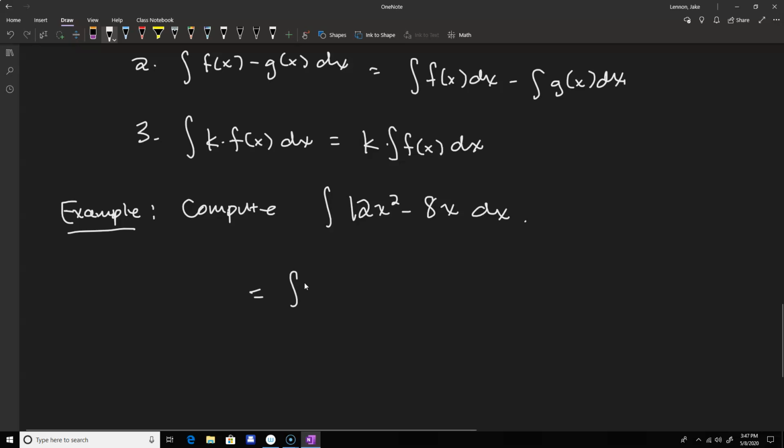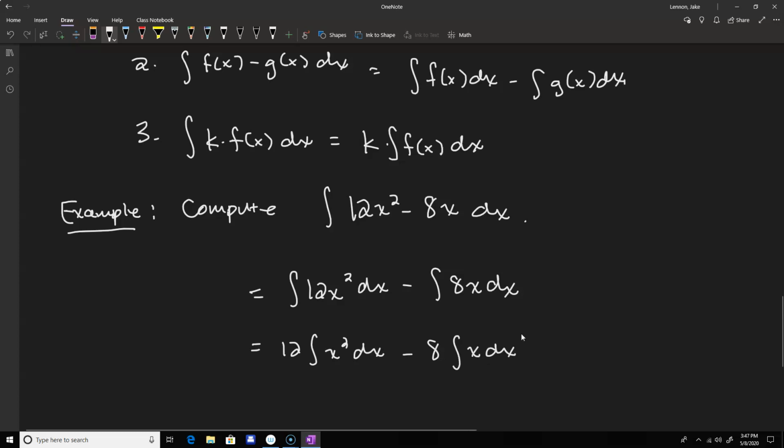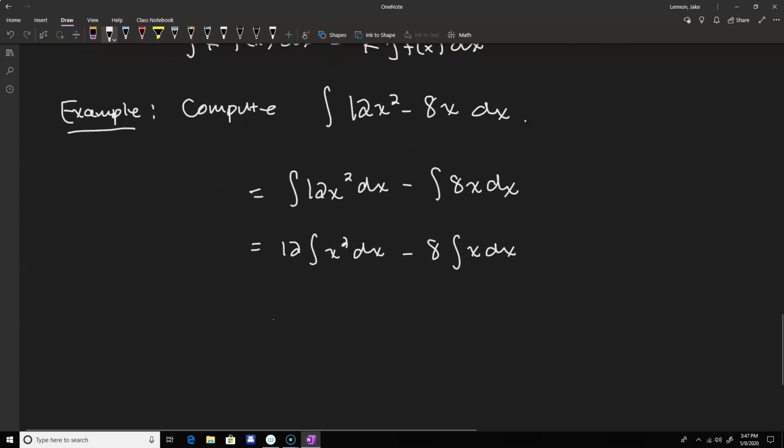So I'll write this down as 2 steps so we can make this into 2 separate antiderivatives. In general, most people are not going to write this part down, but just to see that we're applying property number 2 above, and then if we want to apply property number 1, we can bring the 12 out front and write this as the integral of x squared dx, and then bring the 8 out front for the second integral, and then write that as the integral of x dx, and then do both of those antiderivatives.